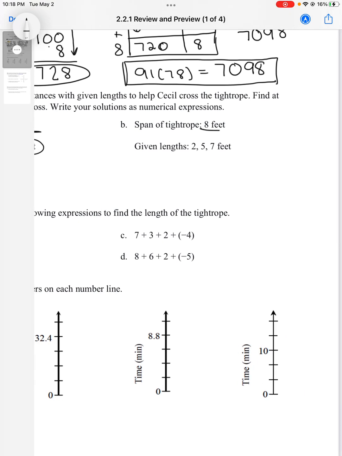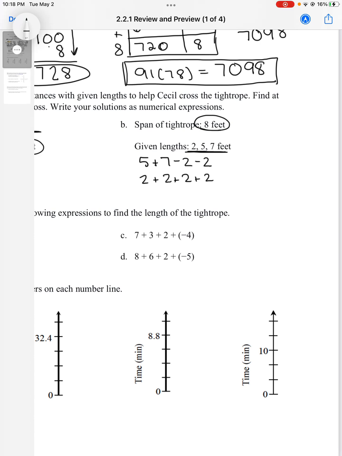For part B, I can go 8 feet. I can only use 2, 5, or 7 to get there. So I could do, let's see, 5 plus 7, which is 12. So then I need to subtract 4. So minus 2, which would work. I could go pretty simple and go 2 plus 2 plus 2 plus 2.